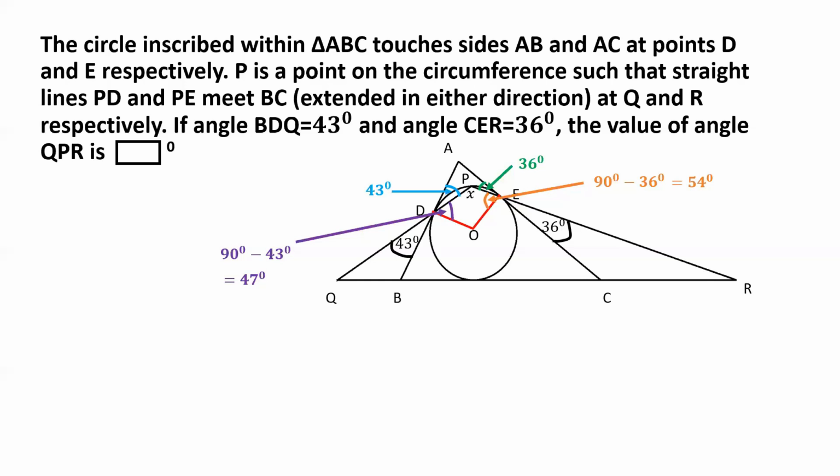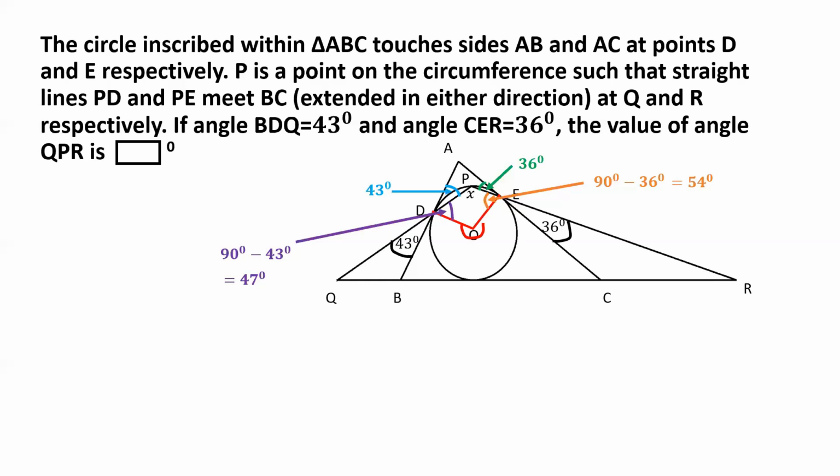And the same arc, the bigger arc DE, subtends this angle, the angle marked in red, at the center O of the circle. Now note that this is not a usual angle. This is what's called a reflex angle, meaning that it's greater than 180 degrees, because we are considering the bigger arc DE, which is bigger than half of the circle, right? So that's why the angle subtended by that particular arc at the center will be a reflex angle.